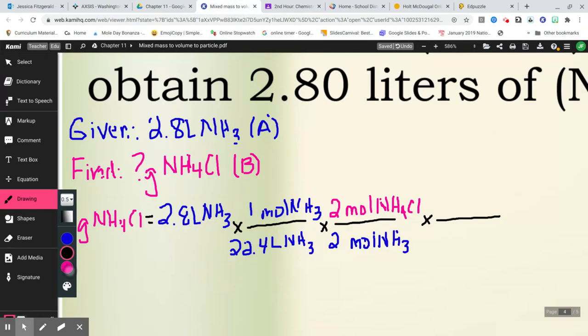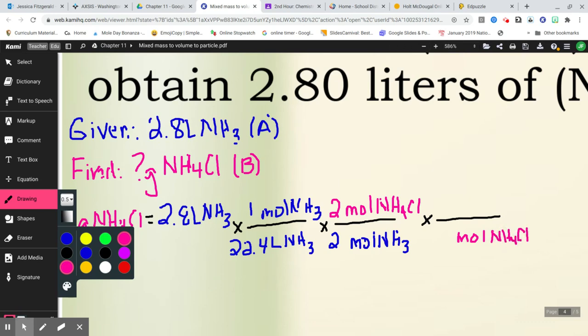So we want moles in the bottom, so it cancels out. And this is moles of NH4Cl. And we're going to our mass of NH4Cl. So I'll put grams of NH4Cl in the top.